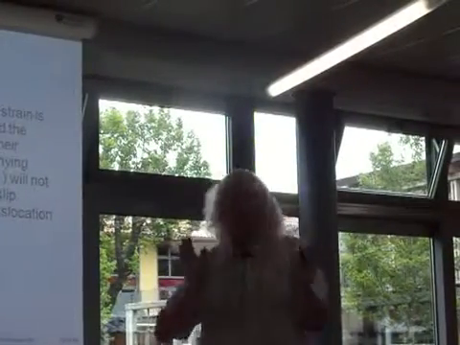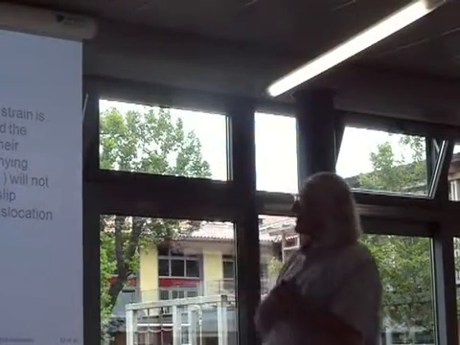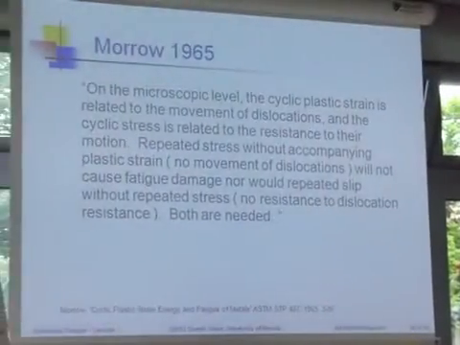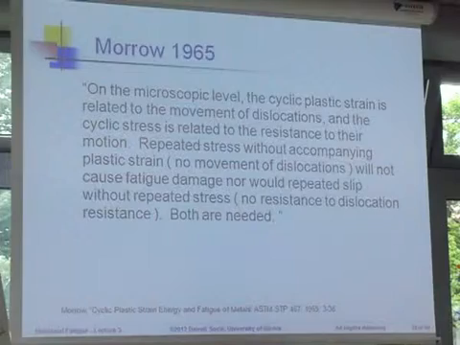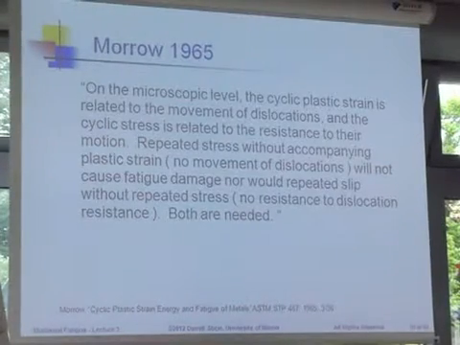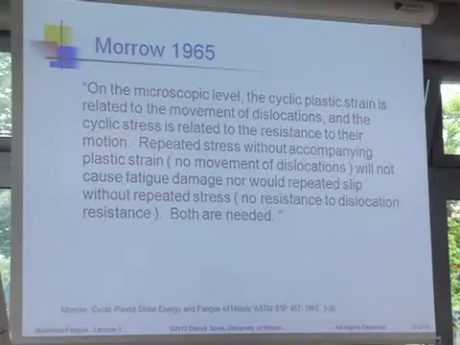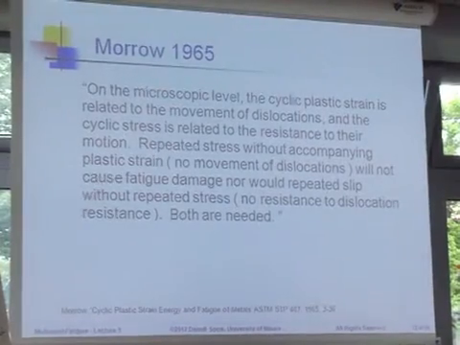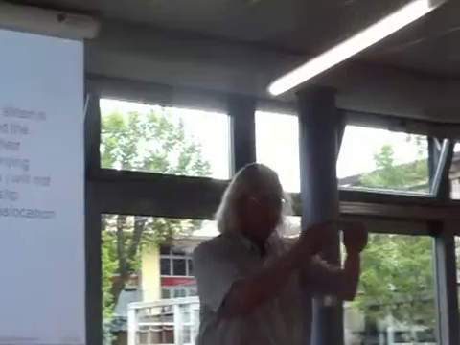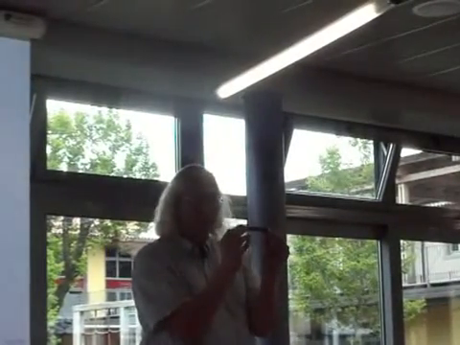But when you dig down in it and read it, this is the most important thing from the entire paper. What it says is, look, we understand that the cyclic plastic strain is related to dislocations, but stress is really related to their resistance. So a stress-based model probably is not right, neither is a strain-based model alone.